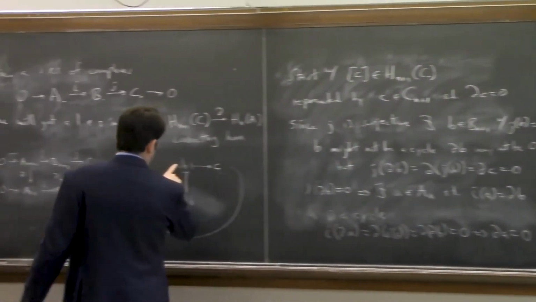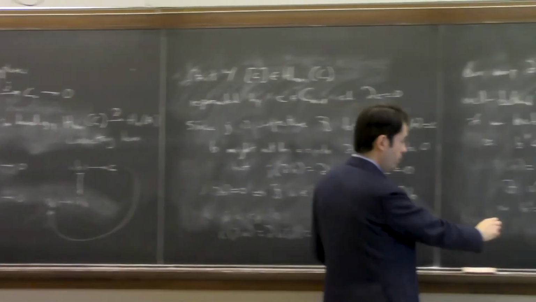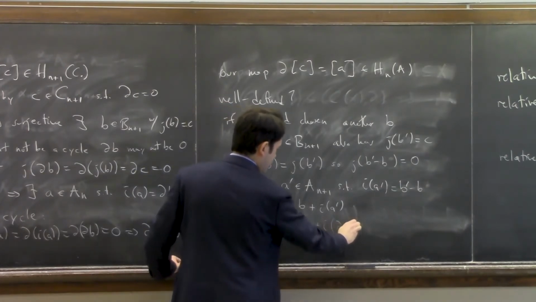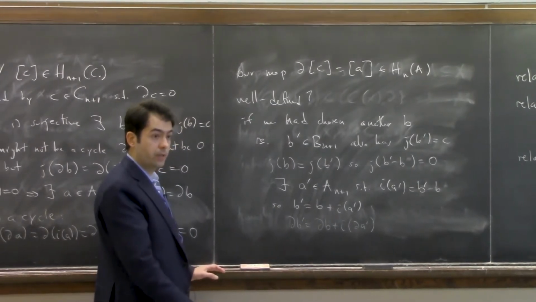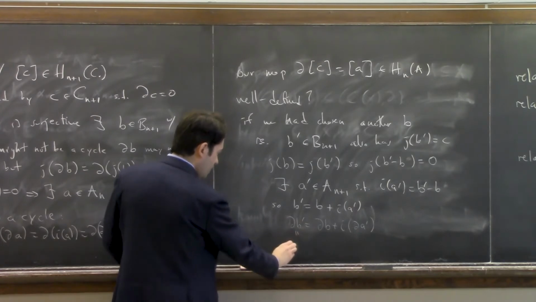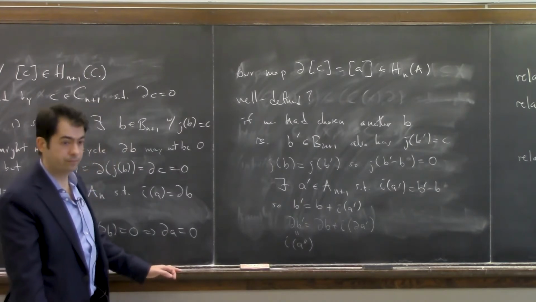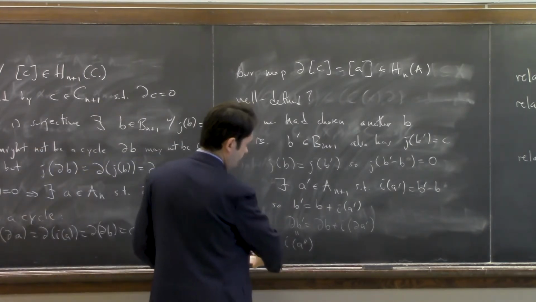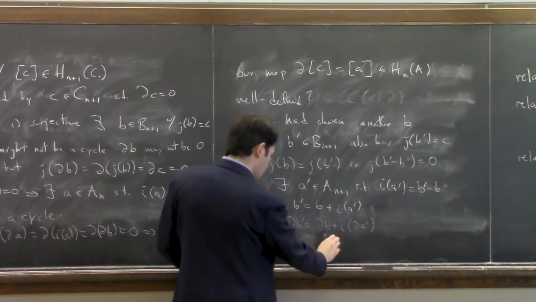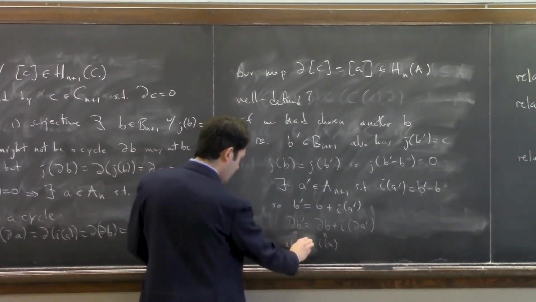Okay, so that's B prime, then I hit it with the boundary, and then I go back. So if I hit it with the boundary, then I know that boundary of B prime is equal to I of, call it A double prime. Let's do over here. Boundary of B is equal, well, let's do both of them. This is boundary I of A, and this is I of A double prime.